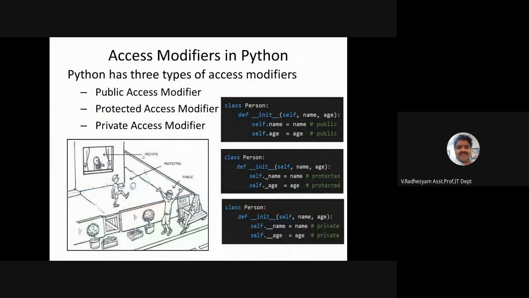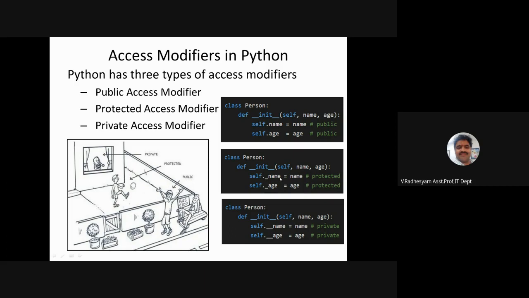One more important concept is the public access modifier, protected access modifier, and private access modifier. An access modifier is nothing but a variable: public variable, protected variable, and private variable. Here in this simple example, you see there are two variables called name and age. There is no symbol before name and age, but here in the name and age there is a symbol called underscore.